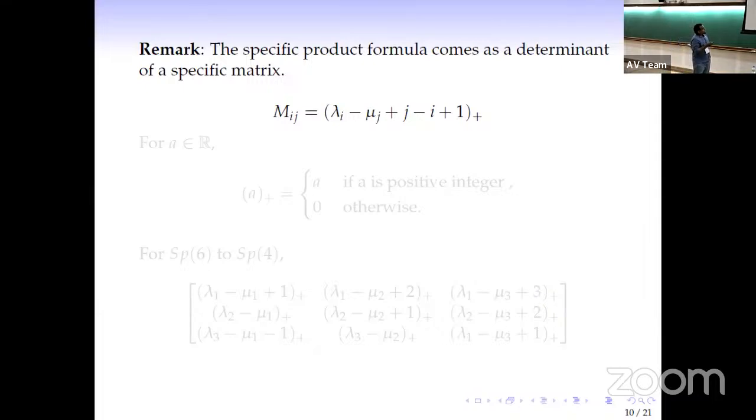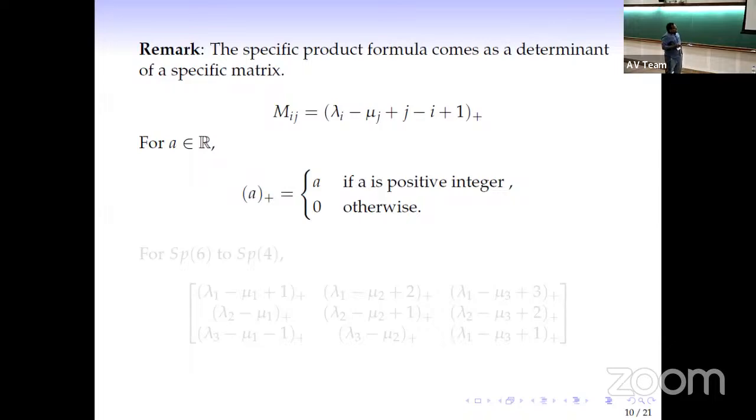It says lambda i minus mu j plus j minus i plus 1, and then plus. This is a notation: a plus means that if a is a positive integer, then it's a, otherwise it is 0. Like if you take minus 2 plus, then it is 0. If you take 3 plus, then it's 3. 0 plus is also 0.